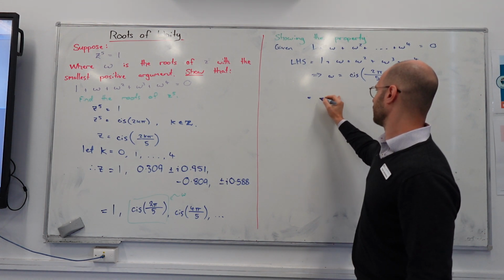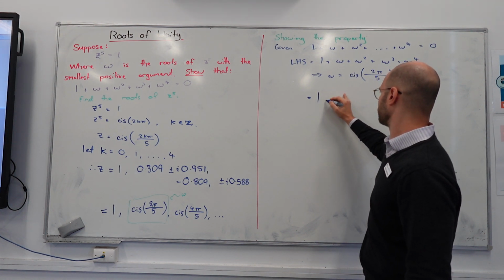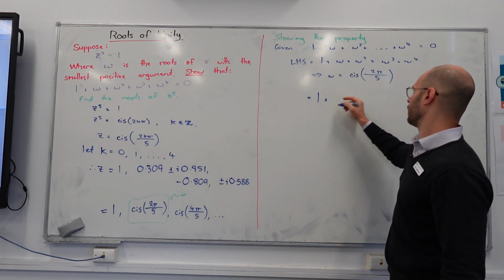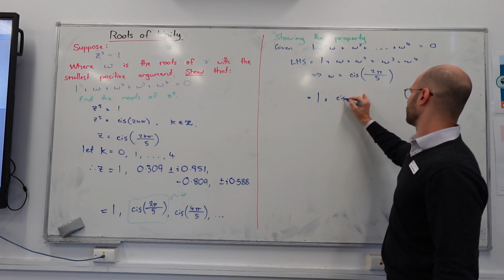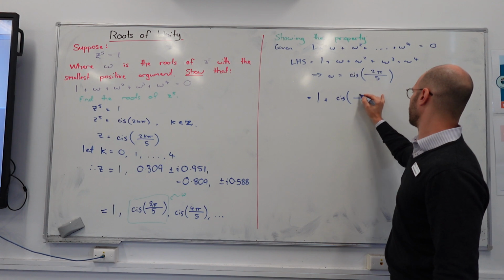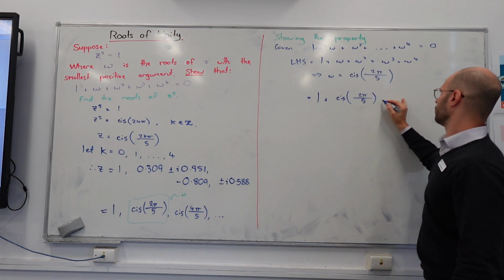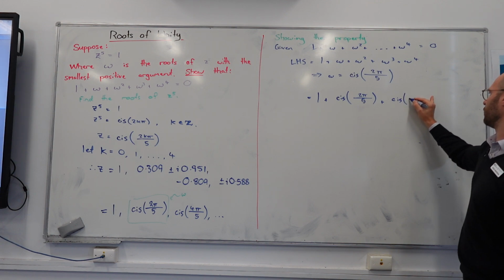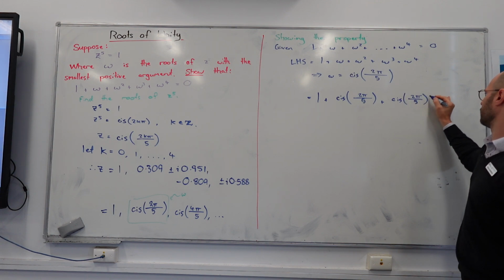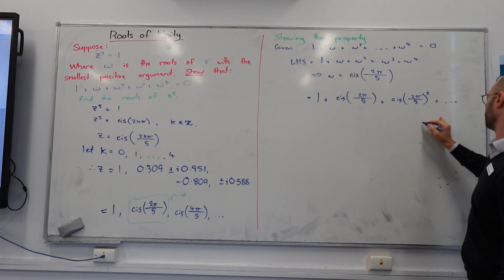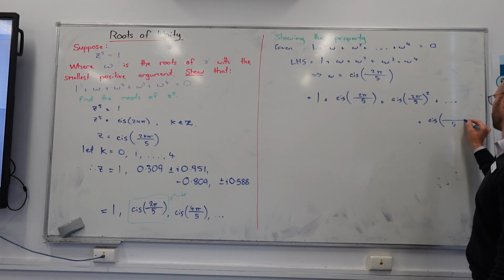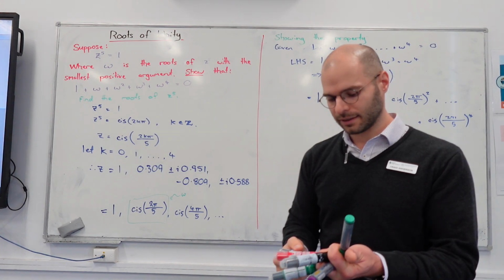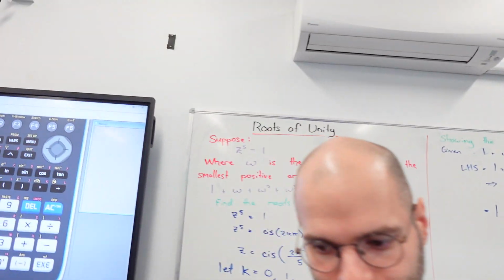Hence, if we sub this in on the left hand side, it goes 1 plus cis 2 pi over 5, plus cis 2 pi over 5 squared, plus continued all the way to cis 2 pi over 5 to the power of 4. And we throw that in our calculators and have a look what we get.